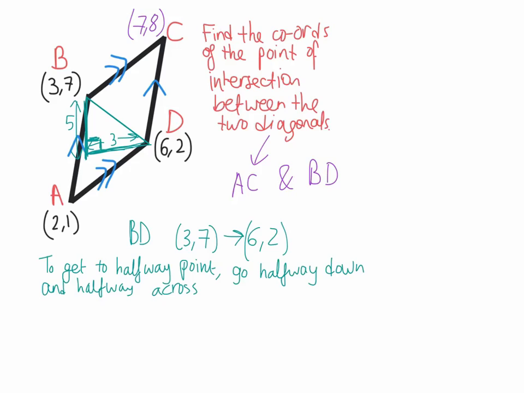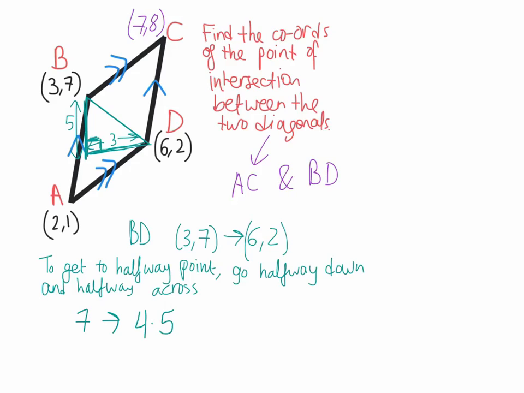So as you may have figured out, to get to the halfway point, we need to go halfway down from point B and then halfway across towards point D. So halfway down will take us from 7 to, what's half of 5? 2.5. 7 minus 2.5 is 4.5.